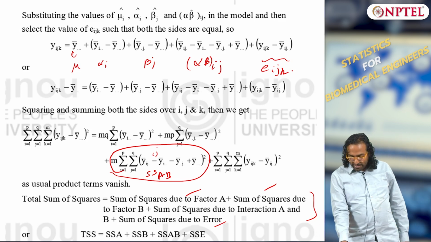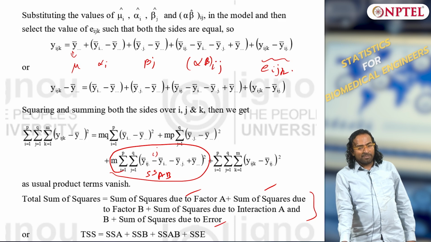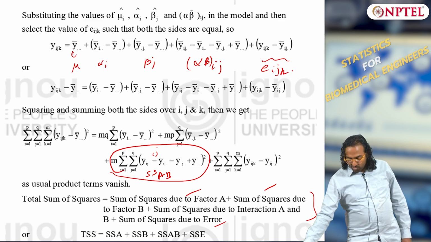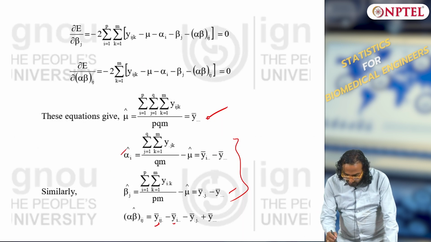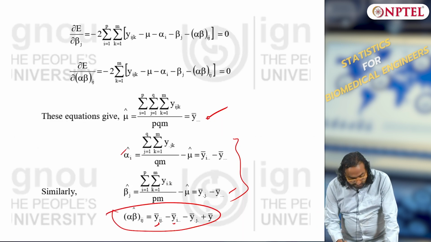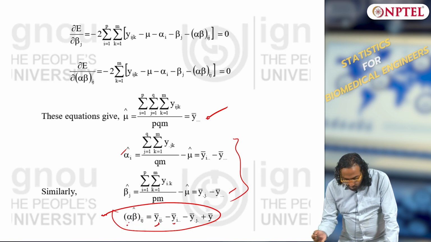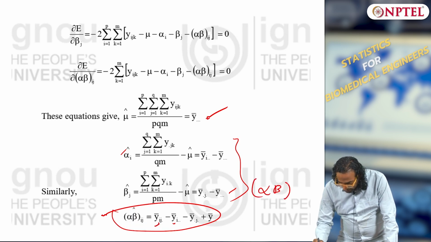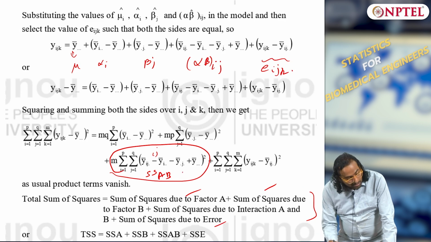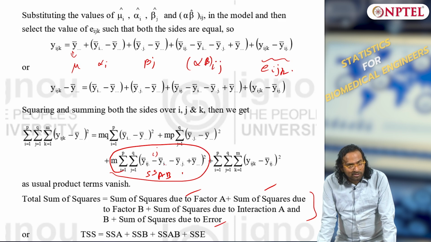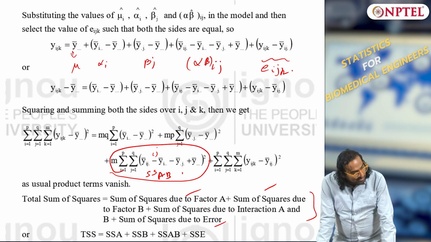So this is my AB interaction effect. How did we get this? It is because we estimated alpha beta to be here. So the moment I write alpha beta the whole squared, that itself is this term, where means are getting subtracted. Clear?